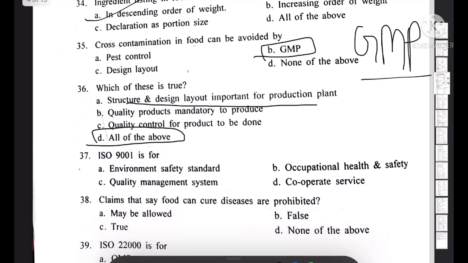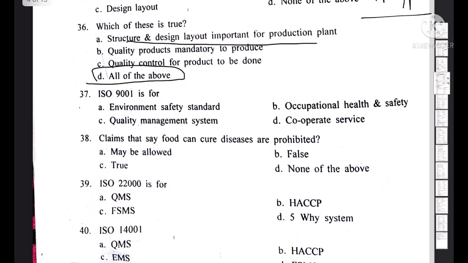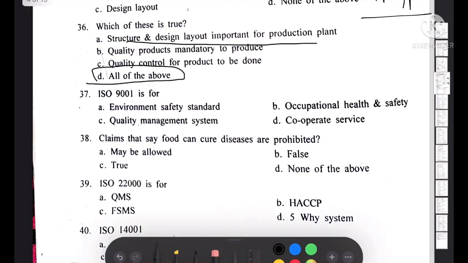Okay, next, ISO 9001. I have told you what ISO 9001 is in the previous questions. The options are environment safety standard, occupational health and safety, quality management system, or cooperative services. So ISO 9001 is for quality management system. C is the correct answer.